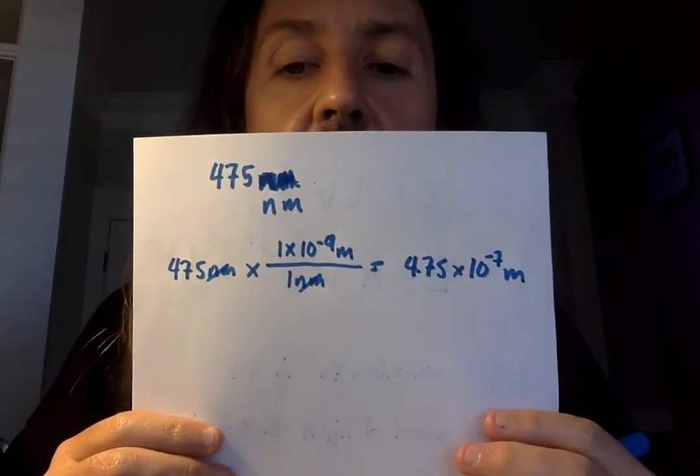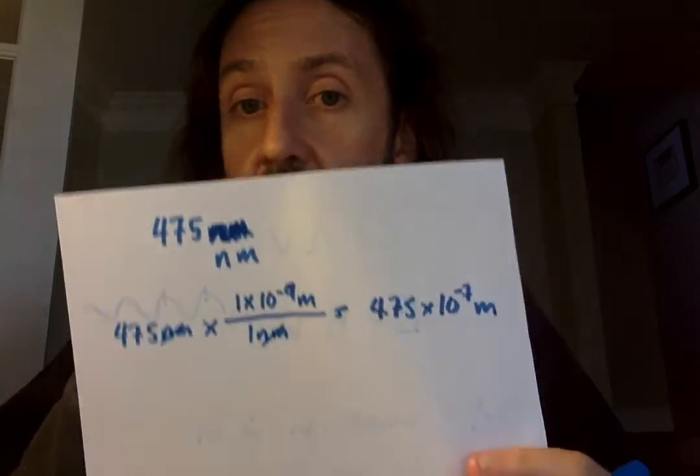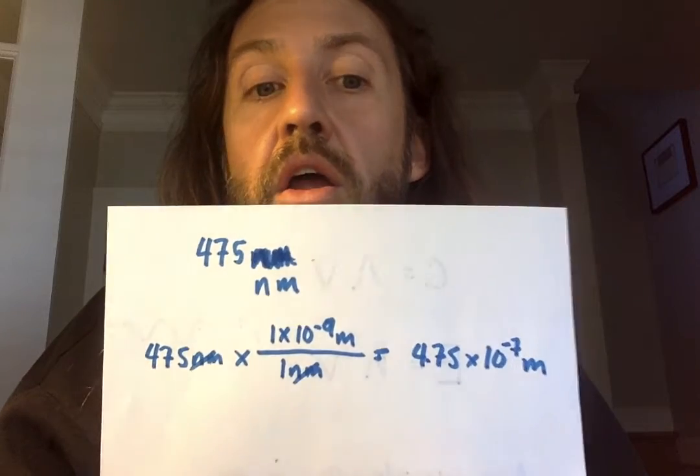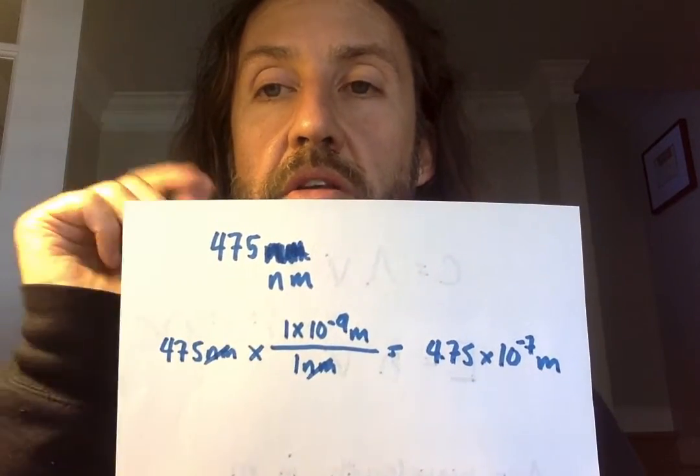Always remember, nanometers is negative 9. And so that is 4.75 times 10 to the negative 7th meters. So that's the first step right there, since usually when you get it in nanometers, you need to switch it into meters.